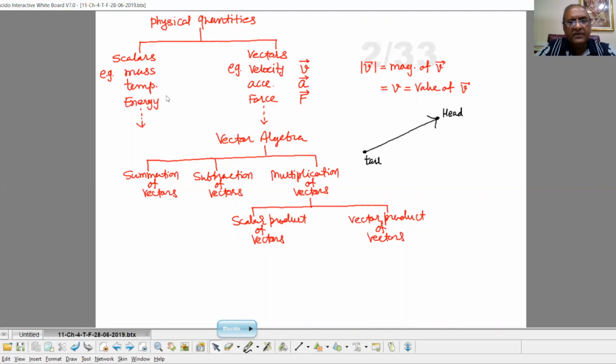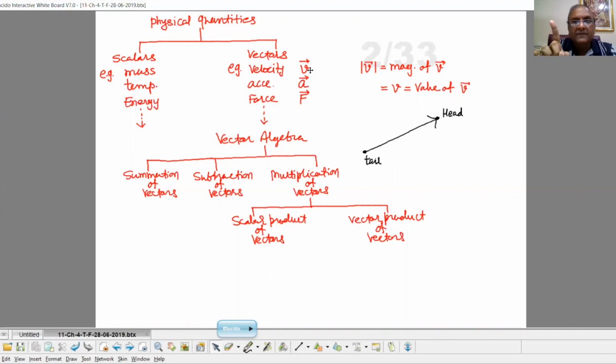But vector physical quantities are represented with specific symbols. Which type of symbol? See here. For the physical quantity, the basic symbol that we use will remain as it is. For velocity, we use V. For acceleration, we use A. For force, we use capital F. So we have to use those symbols as it is.